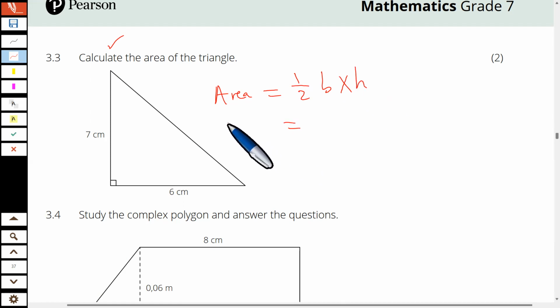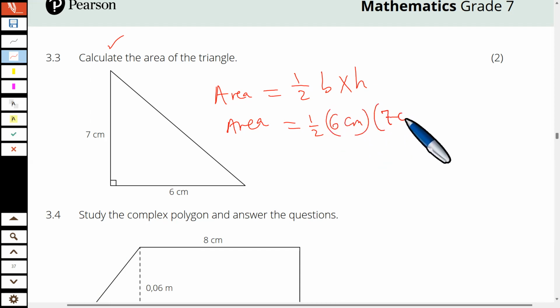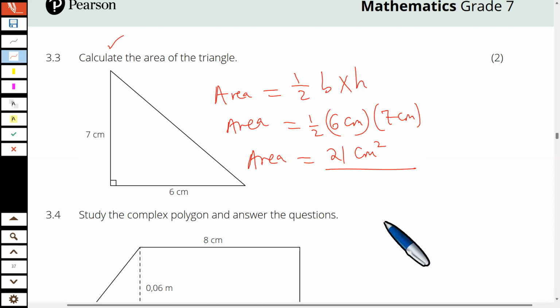Which means the area is half the base, which is 6 centimeters. And the height is what? It is 7 centimeters. What is half of 6? 3. 3 times 7. 21. Good. So it's 21 square centimeters. And that is the area of the triangle.